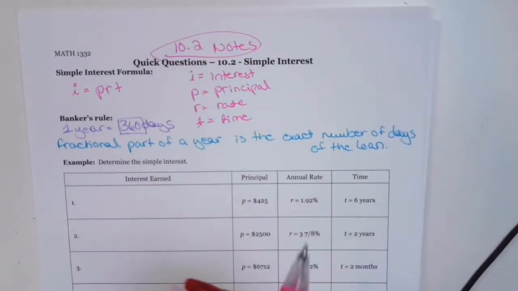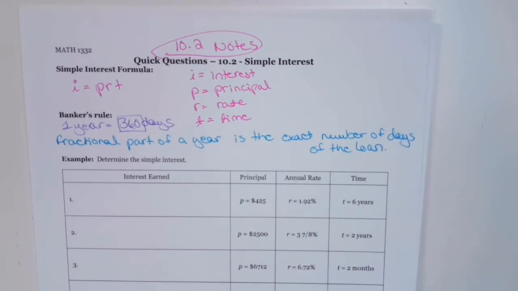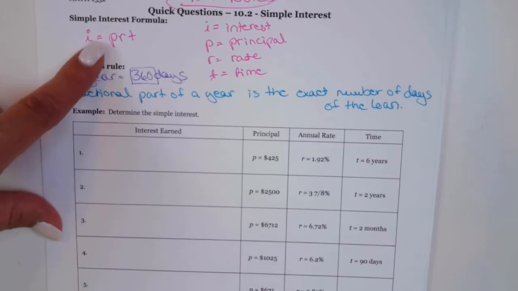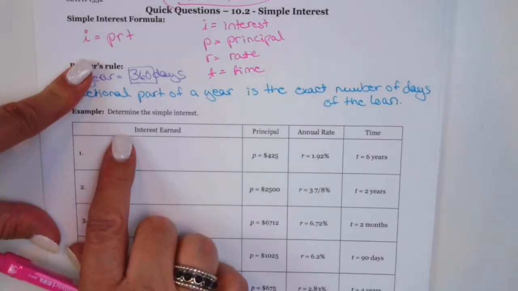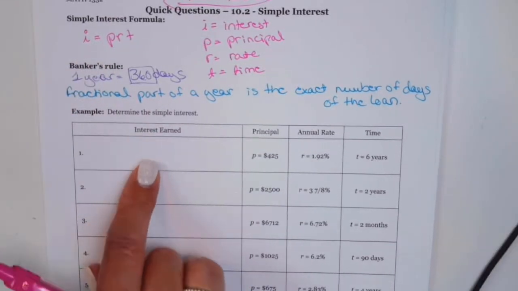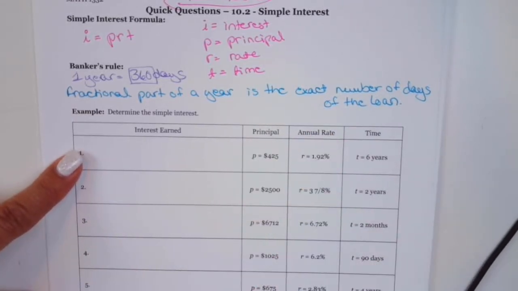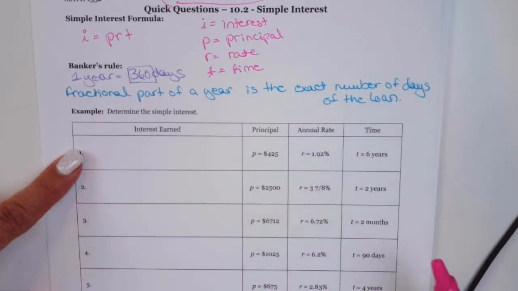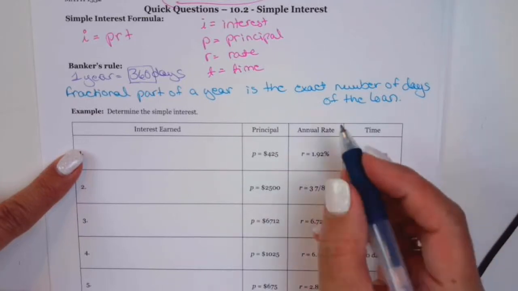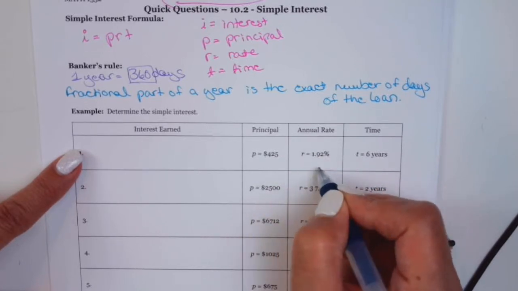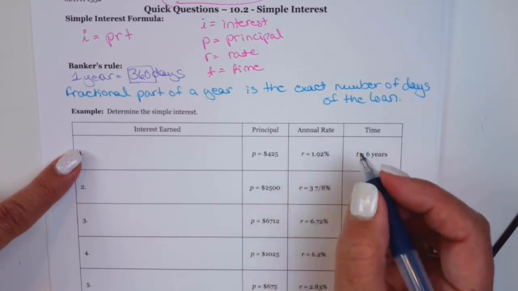So let's go ahead and look at these examples now. We're going to determine the simple interest, so we're going to be using this formula here. We're answering the interest earned. We have the principal listed, we have the annual rate listed, and we have the time listed. So for this first one, all we need to do is convert this 1.92% to a decimal.